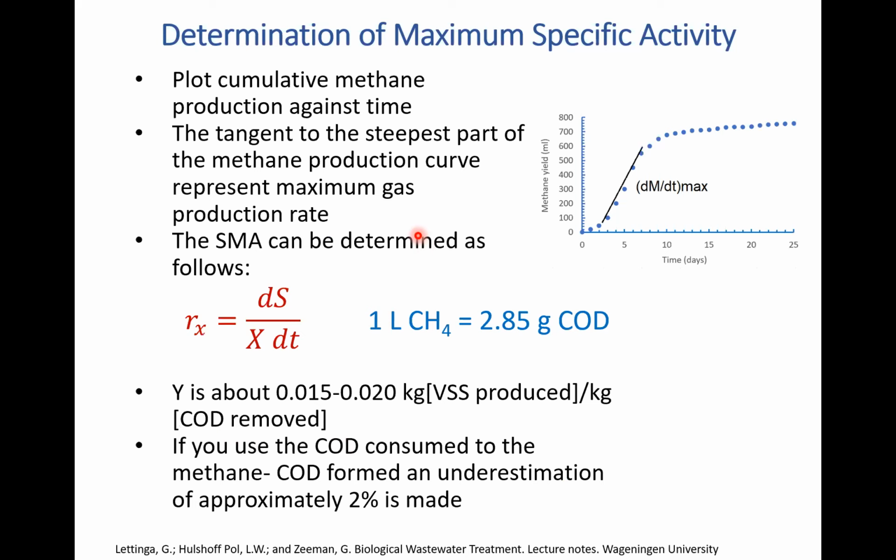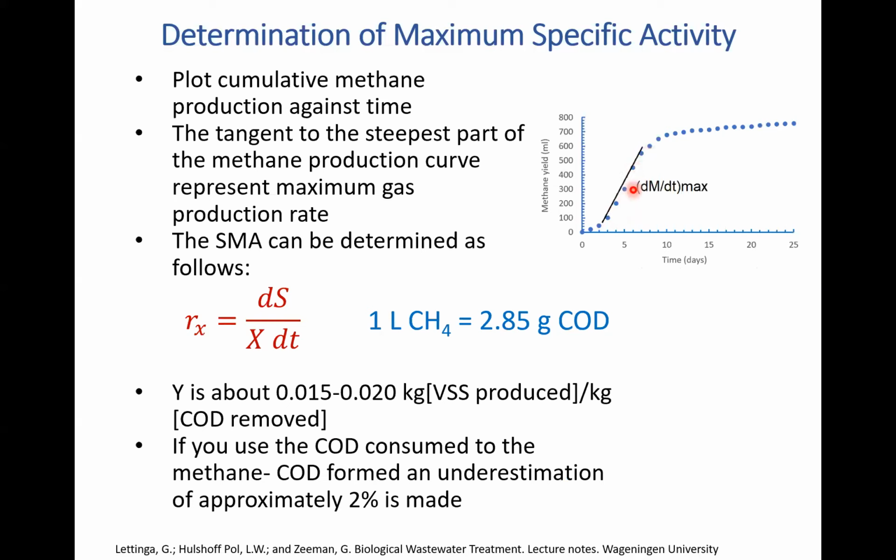Here, to determine it using the simplest way, just measure the methane over time and plot methane against time. After you plot the data, you will find some kind of exponential phase, and this represents the period in which the activity is at maximum. We can determine it by finding the tangent to the steepest part.